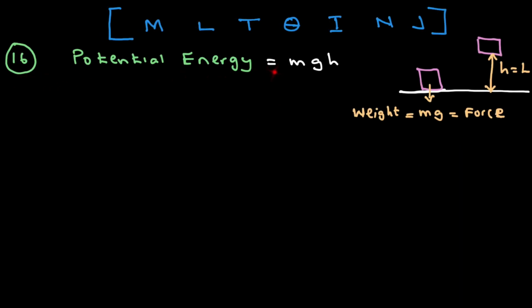Potential energy, and that equals mgh. If you have a mass, and that mass has a weight of mg, g is acceleration due to gravity, and the h is if you raise the mass by a height h, you've done work. Work done is force times distance, and the force times distance is F times h.